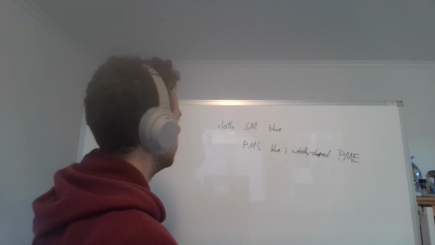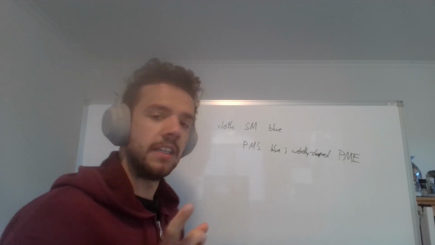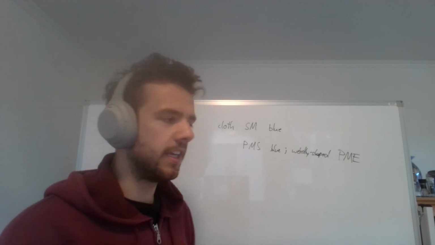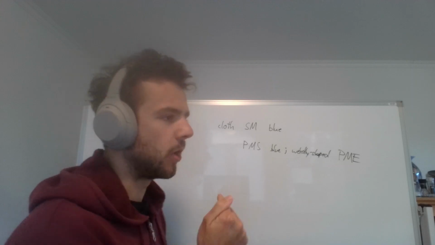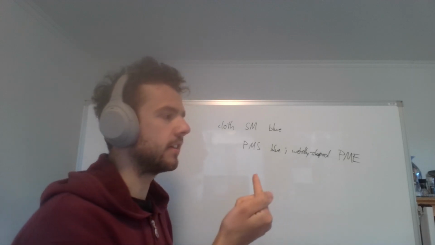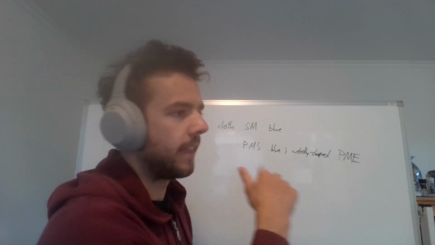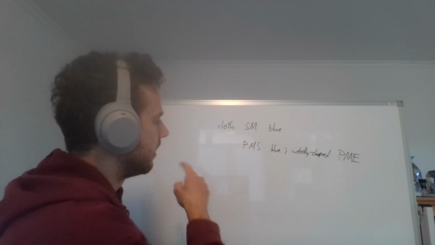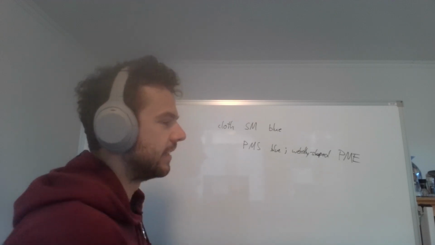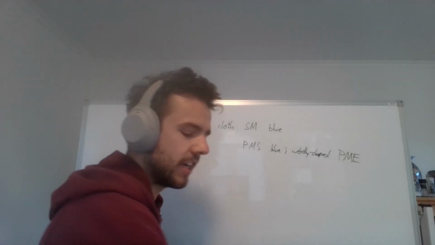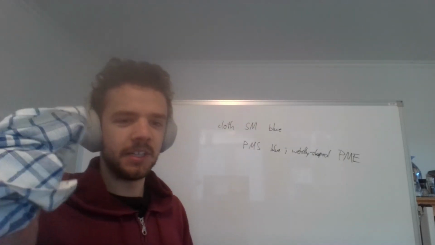In English we also have modifiers that come afterward, but they use "which" or "that" or "who", like "the cloth which is blue". I mean, this is a stretch example, but like "the cloth which I'm holding in my right hand". I'm not sure whether the screen is mirrored for you too.